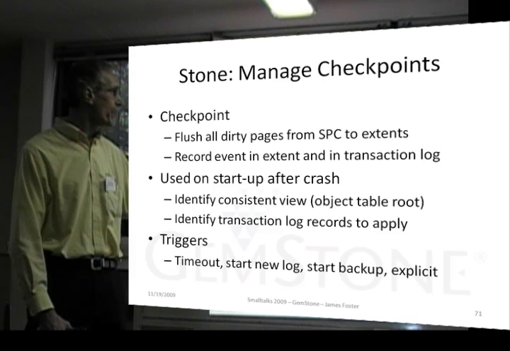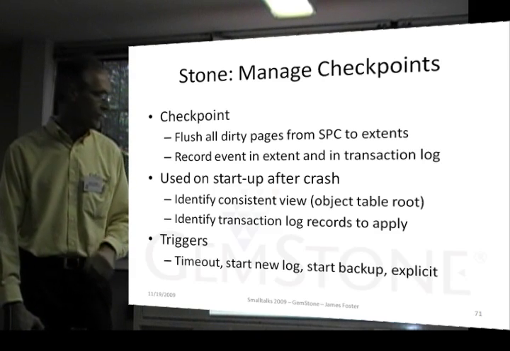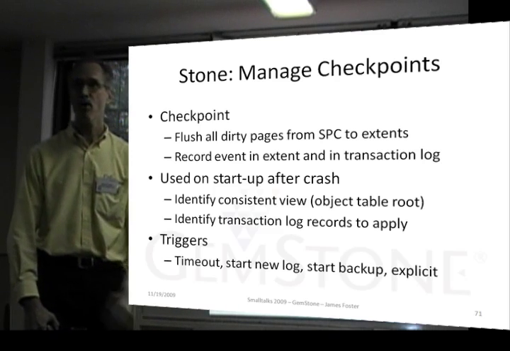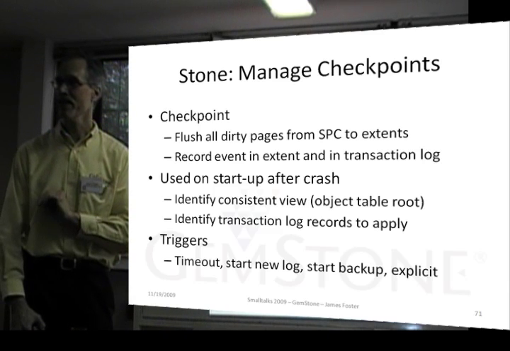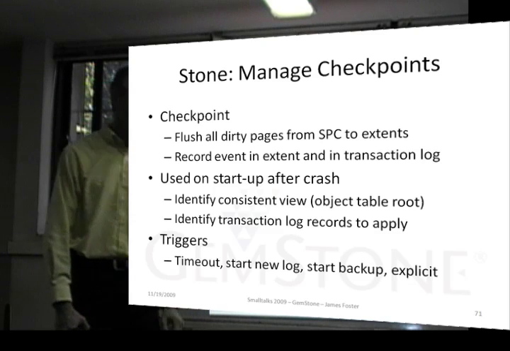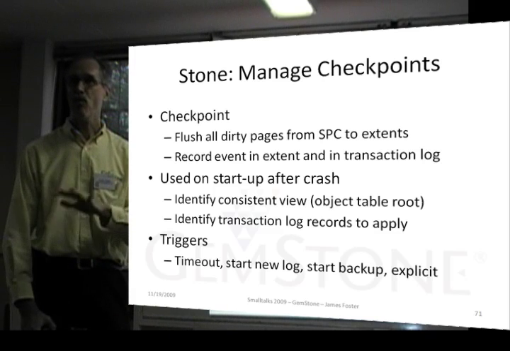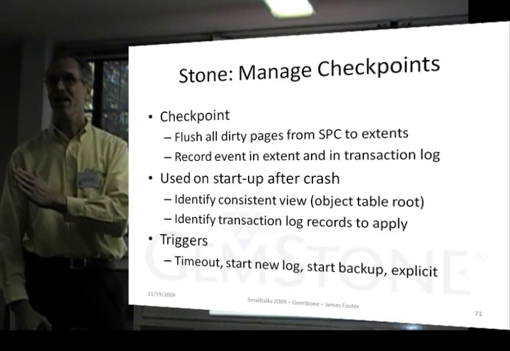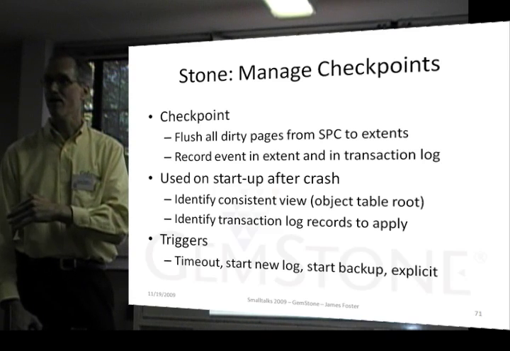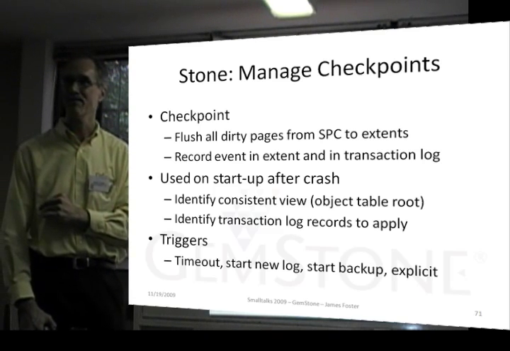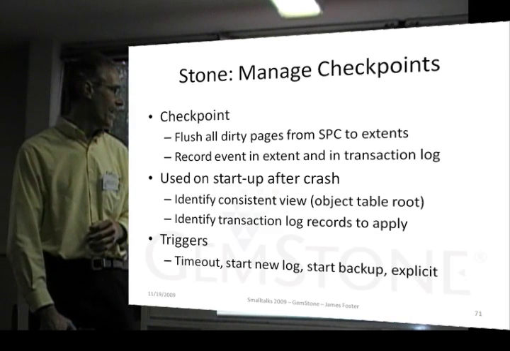There are triggers for when to do a checkpoint. We can do a checkpoint every certain number of minutes. We will do a checkpoint when we start a new log, because that way we won't have to use 2 logs to recover from a particular checkpoint. We'll only have 1.